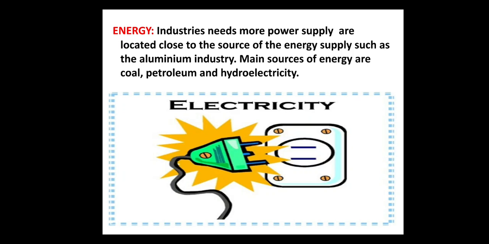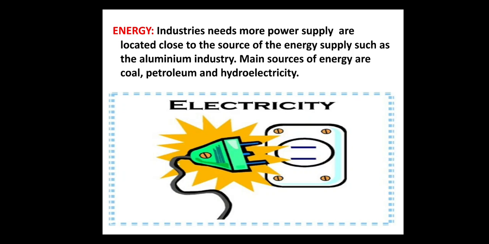The fourth factor that affects the location of industry is power. In order to run machines and manufacture goods in industries, we need a source of power or energy. Almost all industries in the world need some source of energy or power, but some industries need more power, such as the aluminum industry.